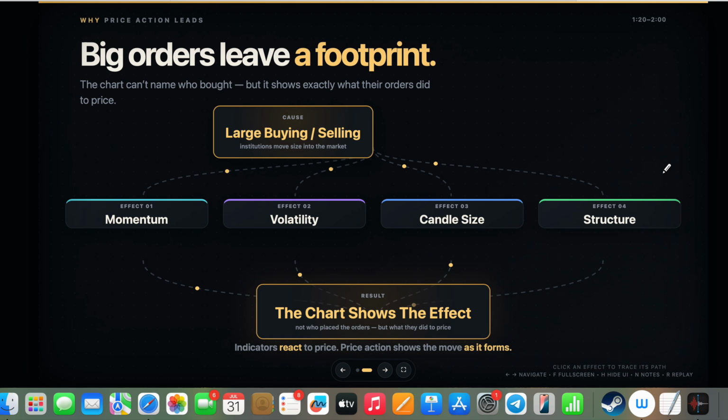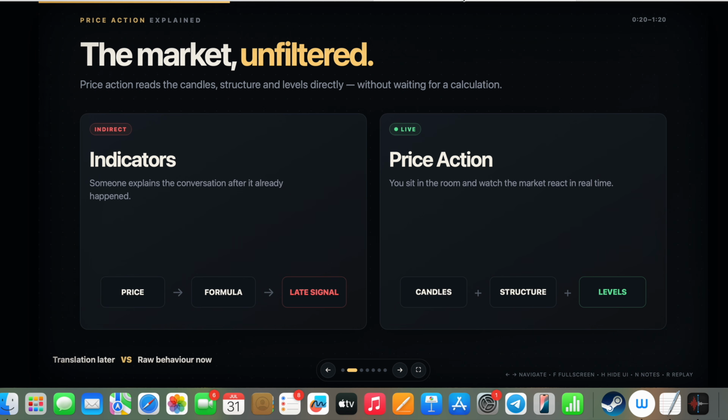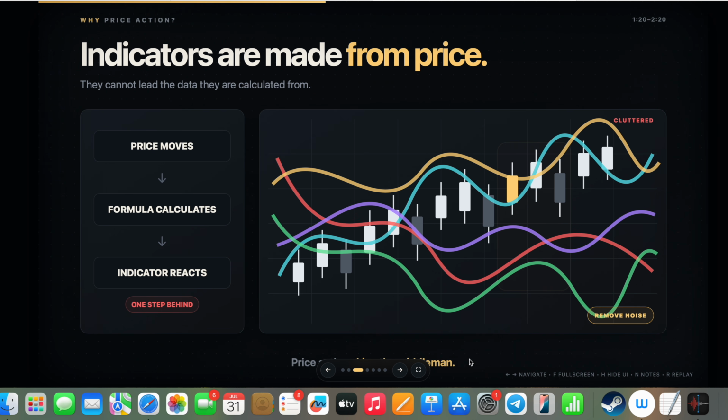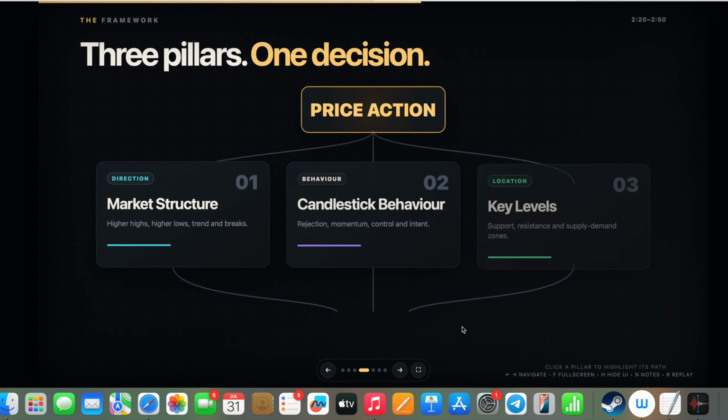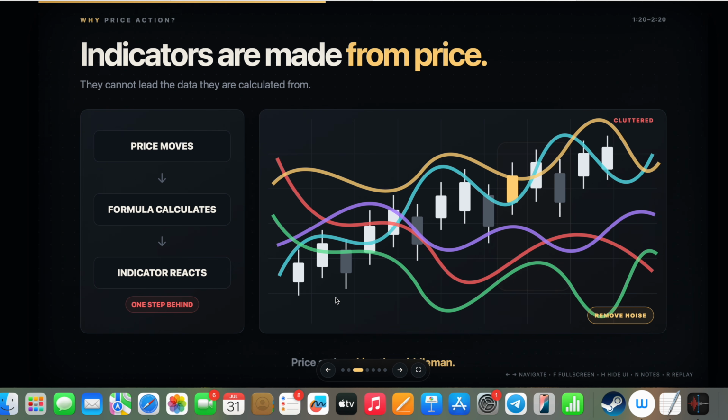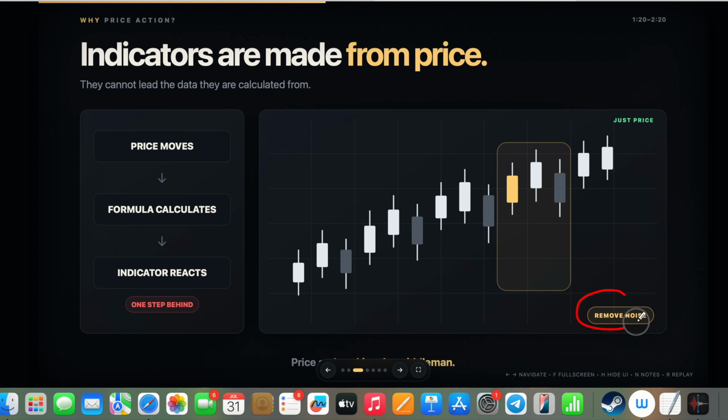Now, here's why this matters. Most indicators on your chart are calculated from current and historical price data. That means they react to the price rather than lead it. And slower indicators can confirm a move only after part of it has already happened. Price action removes that extra layer of calculations.